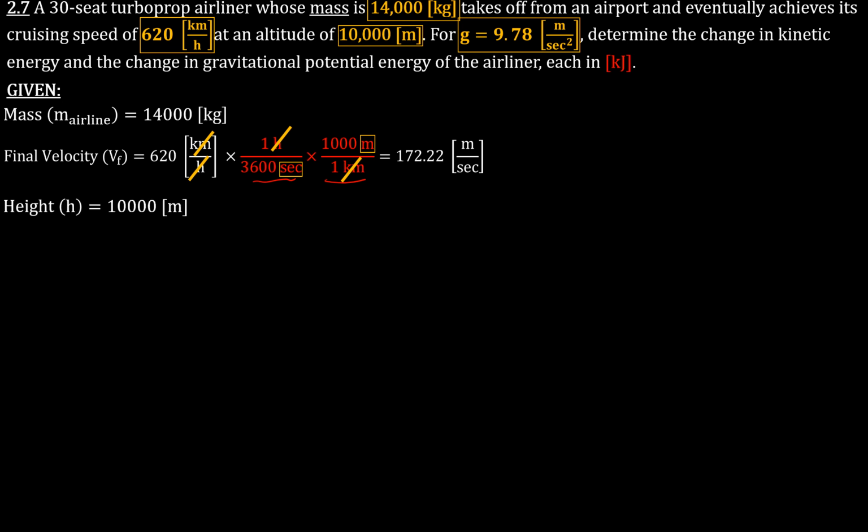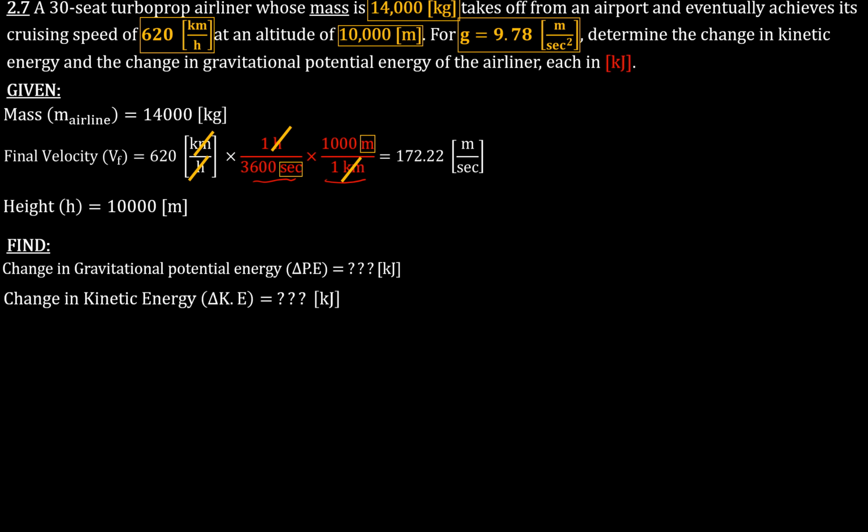The height is given to us as 10,000 meters. What we need to find is the change in gravitational potential energy and the change in kinetic energy for the airliner. So the solution: let's solve for the change in kinetic energy. We write down the kinetic energy equation, 1/2 m times the change in the velocities squared.